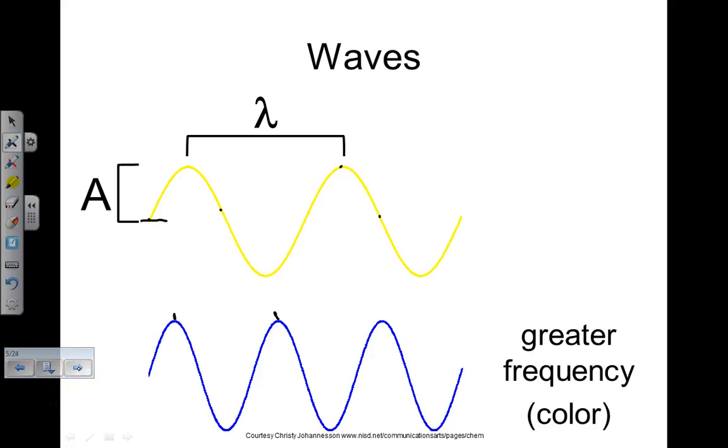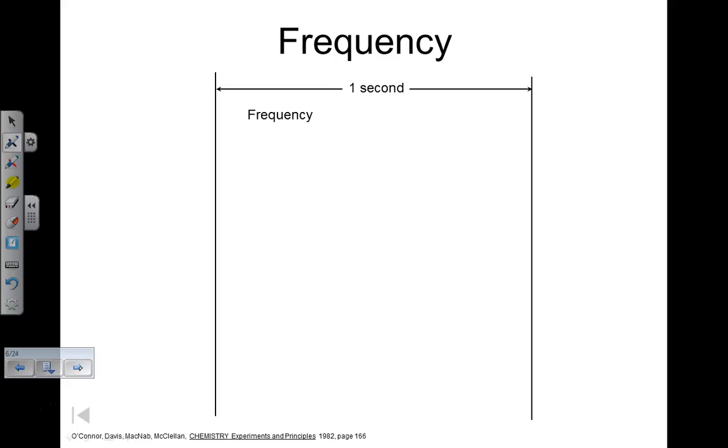By changing its wavelength, we've also changed its frequency, because it's a shorter wavelength, more can pass a given point in a second. And so the properties of the waves determine those things. Like in a sound wave, it determines the sound. Well, in light waves, the color of the light is dependent on these things.